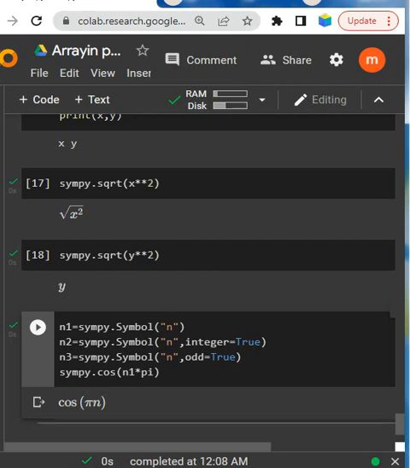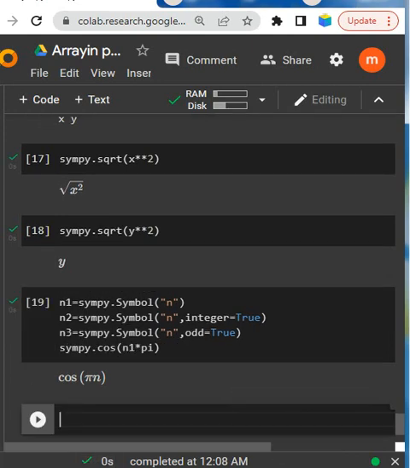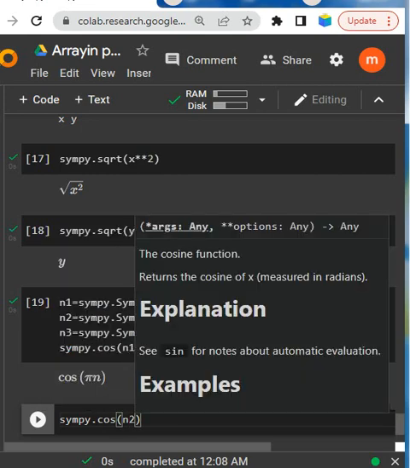Similarly, I can also write other functions like sympy.cos, bracket start. Now n2, I have already created as a variable, and pi.